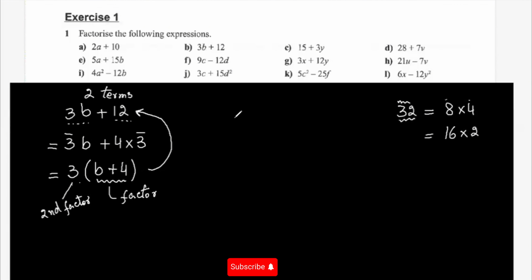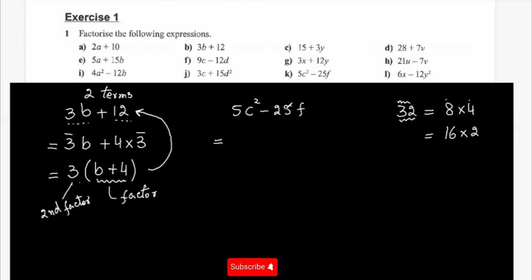For example, we have 5c square minus 25f. Now we can see that in the first term we have 5 times c square, meaning 5 is a factor of the first term. In the second term we have 25f.